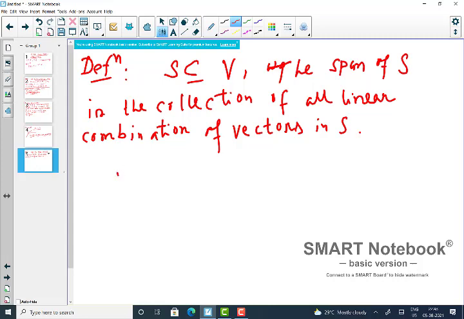We write the symbol span of S, and also this kind of bracket. This is the collection of all linear combinations whose vectors are from S. Is it clear?